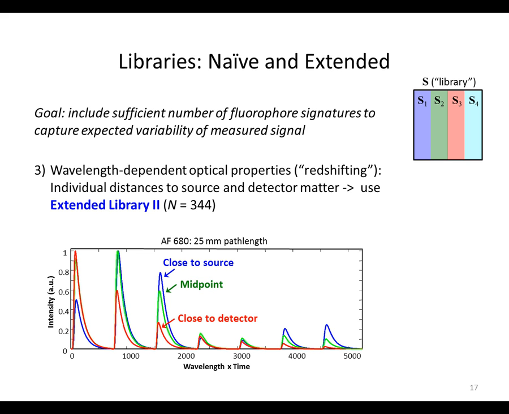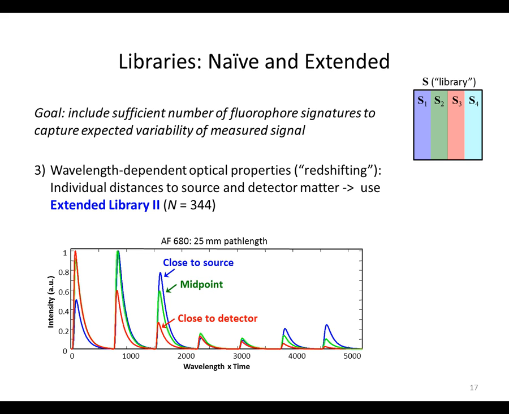And you can see that this has a significant effect on the signature, especially where the peaks are in the spectrum. So to adequately capture that variation, as I said, I need to use a lot more signatures. I'm going to use 344 signatures per fluorophore. But if I do that, then I'm good. I can capture that expected variability.